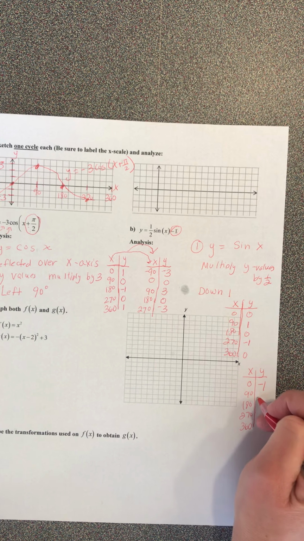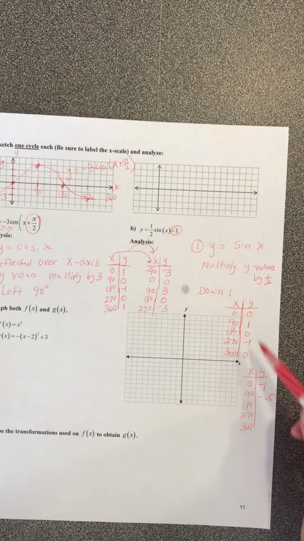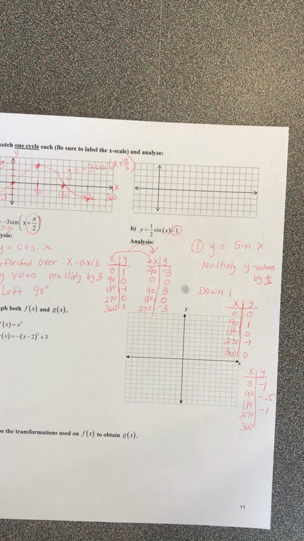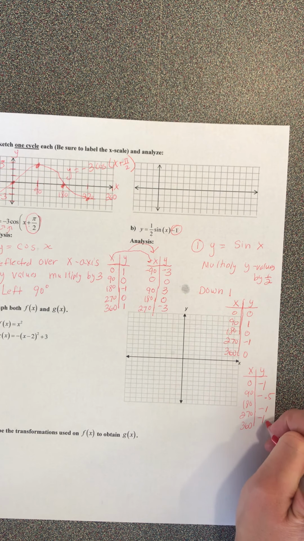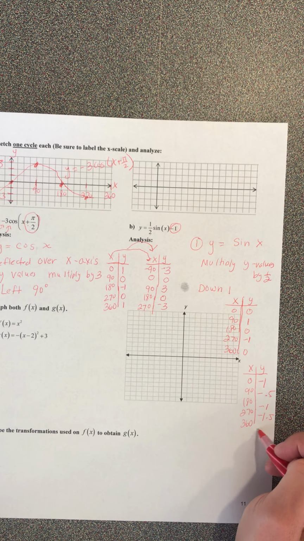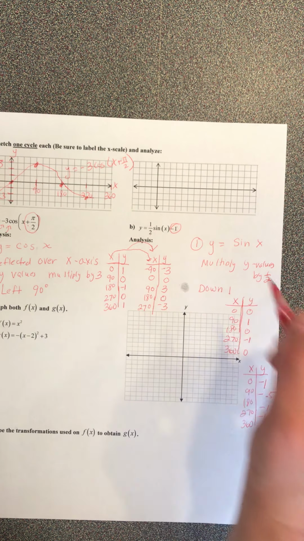That's going to give us negative 0.5. 0 times 1/2, that's going to give us negative 1. Negative 1 times 0.5, that's going to give us negative 0.5 minus 1. That's going to give you negative 1.5. And then last but not least, you're back to that negative 1. Okay? So you guys can go ahead and plot all those points there.